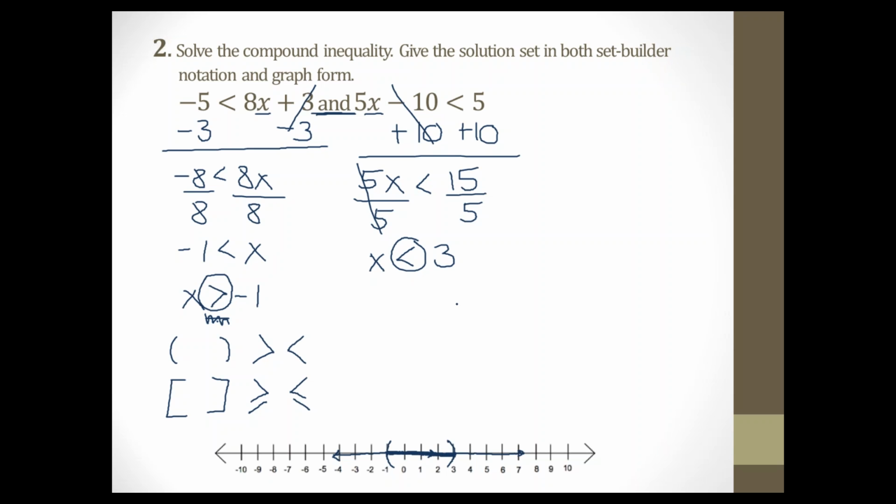So writing this in set builder notation, we need our curly braces and then x such that, and now you see how x is in the middle. So it started at negative 1 and x is basically greater than, which means this sign, and then x is also less than 3.